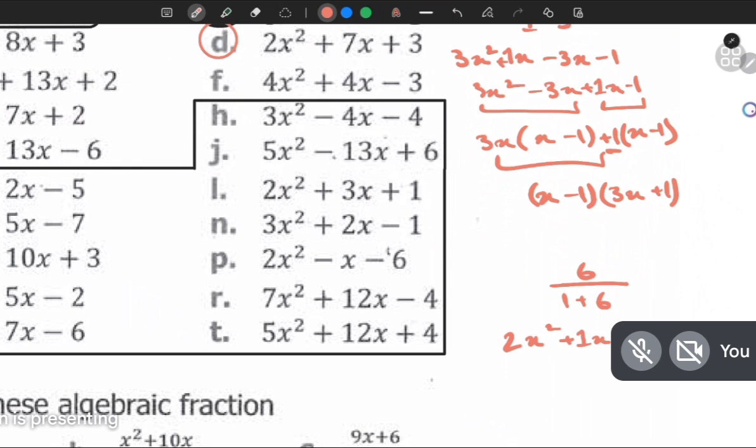So now you take common and let me know how the factor is looking like. First look at these two, then look at these two. What can you take common here?